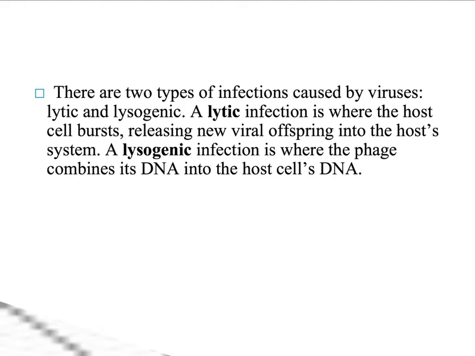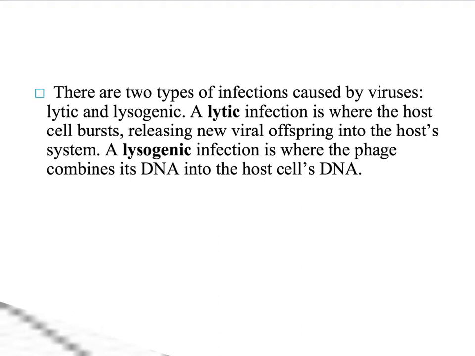And when they do, they have little virus babies coming out of them. That's pretty scary. Another one is called lysogenic. So this is when the DNA combines with a host DNA. So that's also kind of bad, because now the bad DNA is going to be mixed in with your DNA.